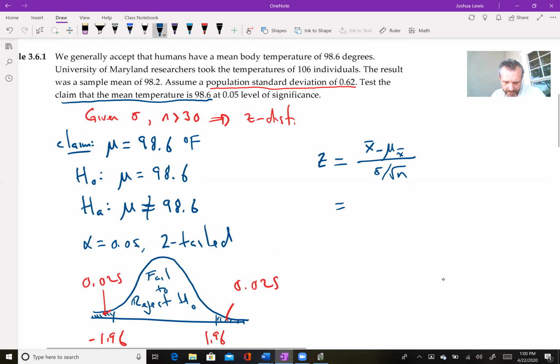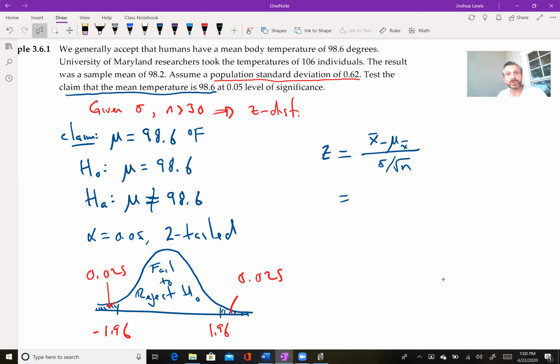Our sample mean, when those 106 individuals' temperatures were measured, turned out the mean was 98.2. Minus our claim of 98.6, all divided by 0.62 over the square root of 106.